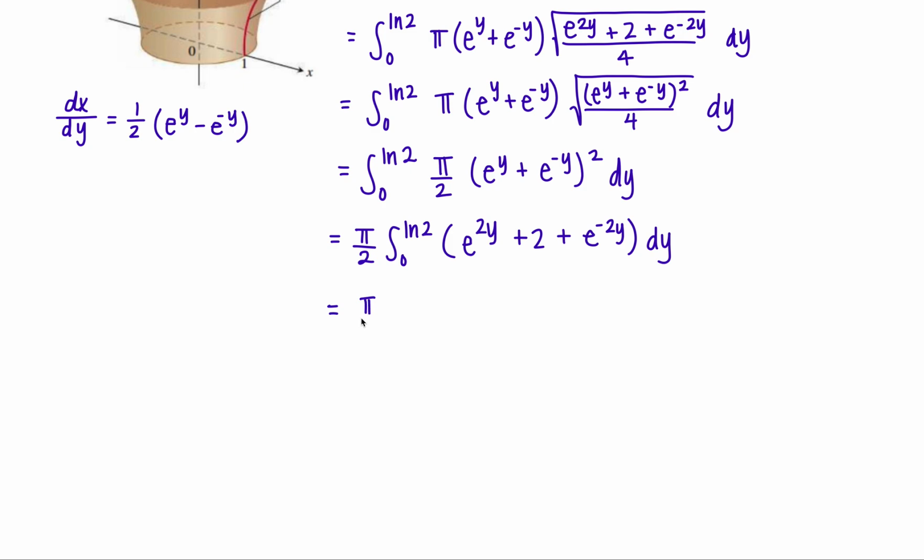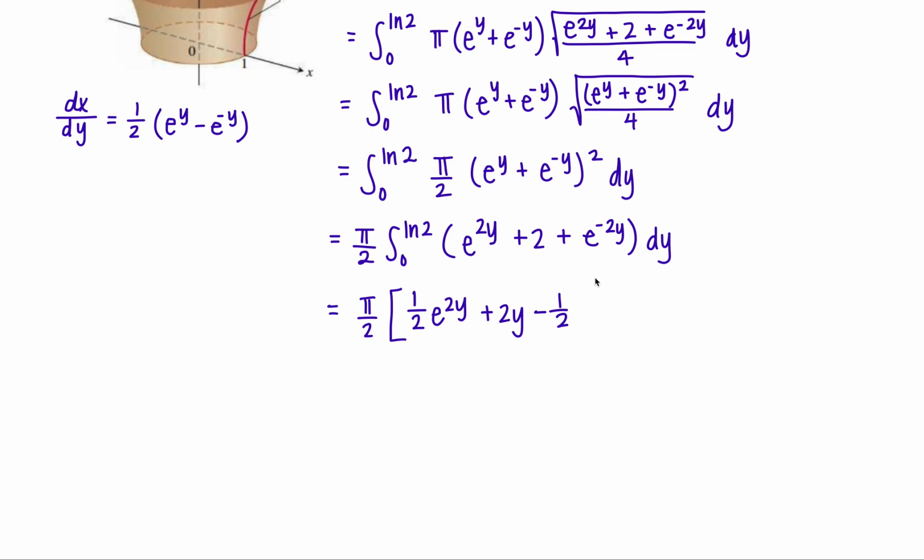Keep the pi over 2 here. e^(2y) is going to become 1/2 e^(2y). That 2 is just going to be plus 2y when we integrate. e^(-2y) is going to be a minus 1/2, and then it's e^(-2y).